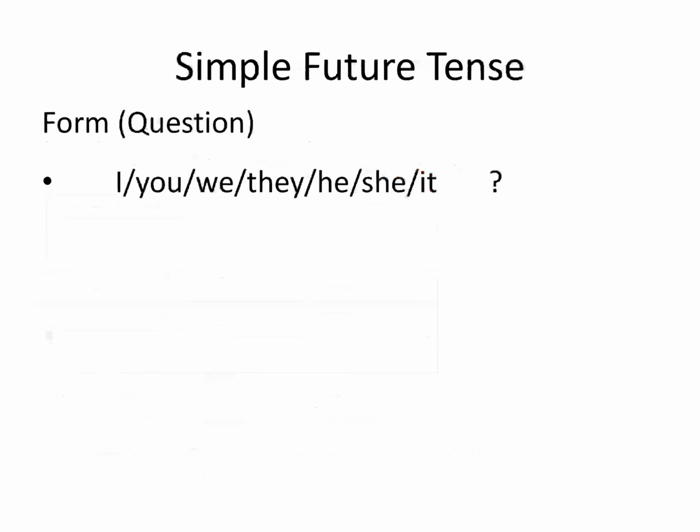When it comes to simple future questions, it is simple. You just start with the first part of the verb, that is, will, and then it is followed by whatever subject and the second part of the verb, that is, VI, verb infinitive. Please note that the second part of the verb remains unchanged no matter what subject it is.